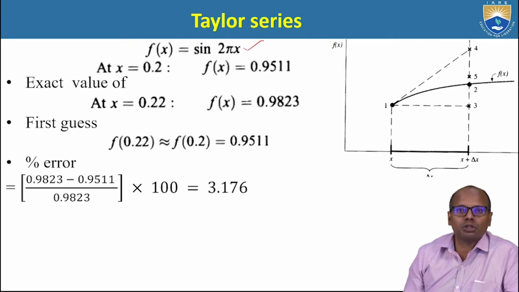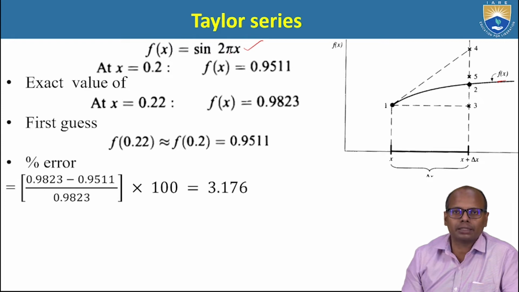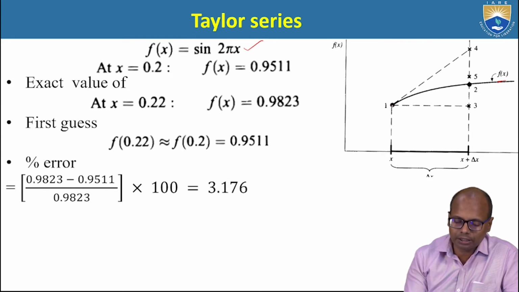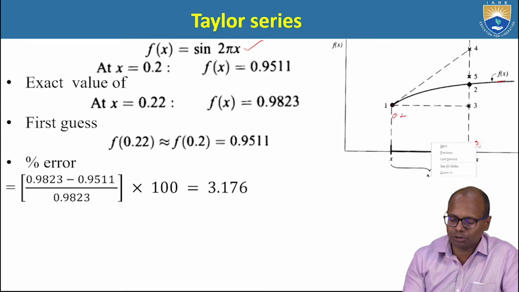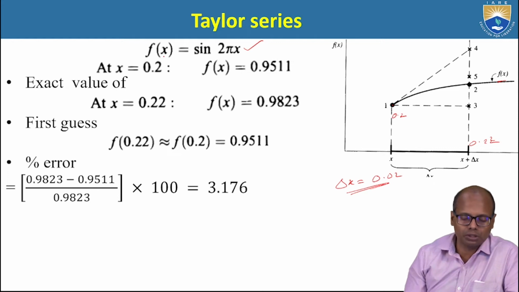f of x equal to sine 2 pi x. So this is the function, and the curve is defined by f of x equal to sine 2 pi x. Now at this point x is equal to 0.2 and at this point it is equal to 0.22. So what is delta x? Delta x is nothing but 0.02. So delta x is known and f of x is known.